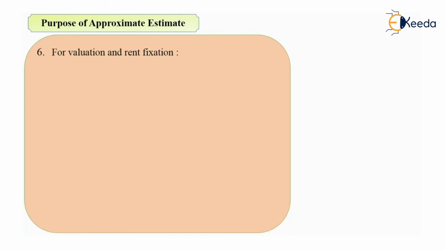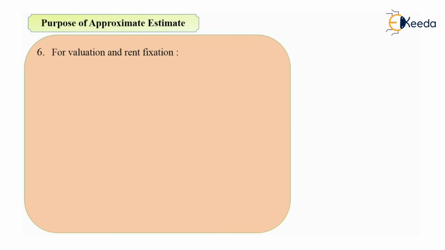If you want to find out the approximate cost of a building, that is nothing but valuation. For example, if I am saying the cost of this building is 20 lakh rupees, what I am doing is checking two things, as I told you in the introduction. What is the cost of plot or land in that locality per square feet or per meter square?